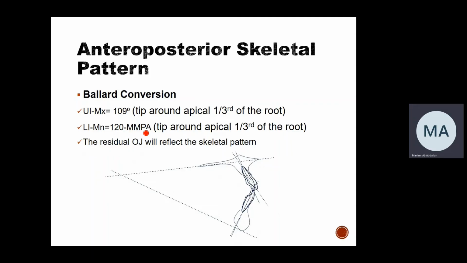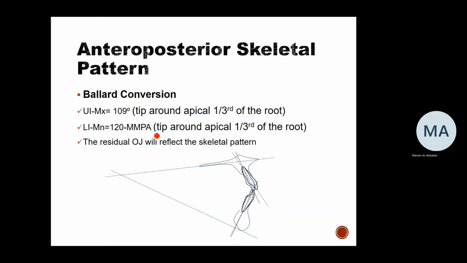We measure the angle between the maxillary plane and the mandibular plane. And then we use this formula, 120 take away the maxillomandibular plane angle. And then we tip the lower incisors around the apical 1/3 until we reach this ideal angle that we calculated.